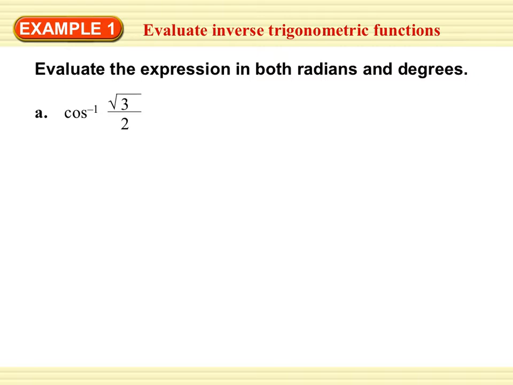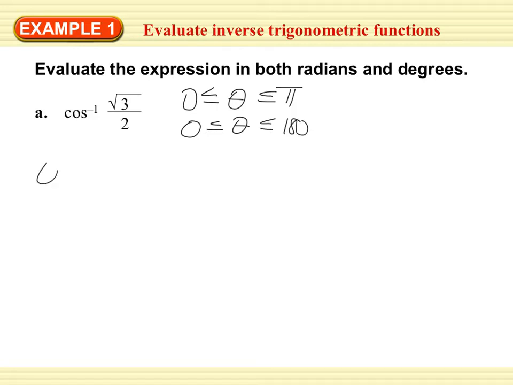Evaluate the expression in both radians and degrees. So this is cosine^-1. If I go back to the chart on the previous page, I've said that 0 is less than or equal to theta is less than or equal to pi, or 0 is less than or equal to theta is less than or equal to 180.